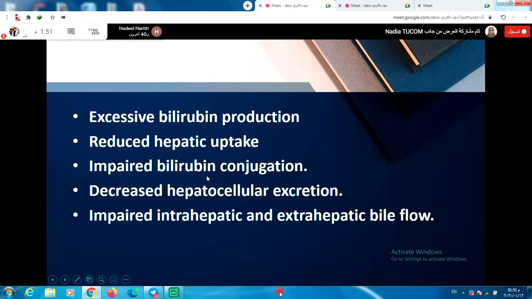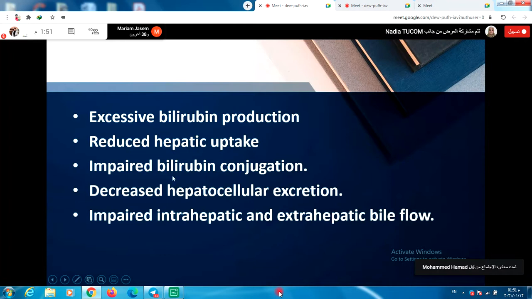These are Crigler-Najjar syndrome, Dubin-Johnson syndrome, also another disease called Gilbert disease, with partial deficiency of the bilirubin conjugation enzymes.